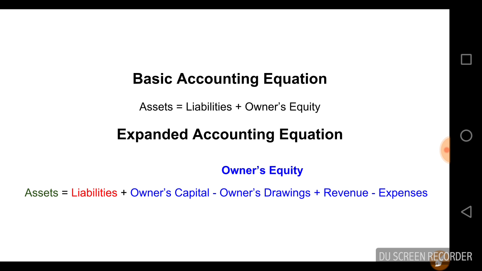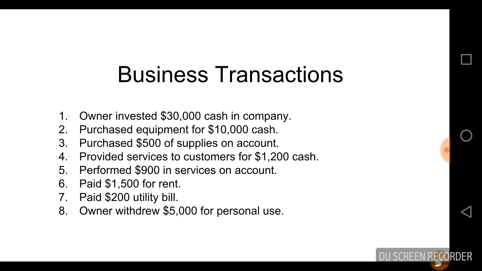It could be salaries and wages expense, supplies expense, depreciation expense, rent expense. But expenses decrease equity in the business. So your expanded accounting equation: assets equals liabilities plus owner's capital less drawings plus revenue less expenses.